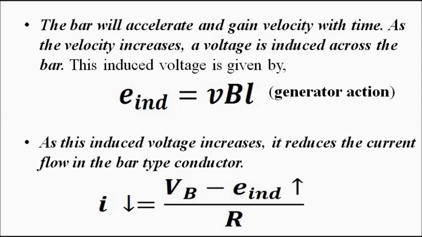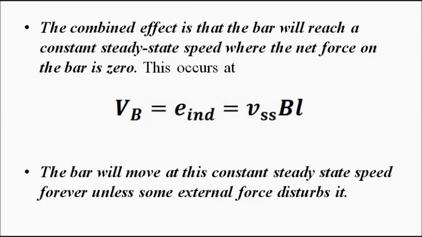Now if we combine all of these phenomena: the starting of the DC machine, current flowing through it, a current carrying conductor moving, and a moving conductor getting an induced voltage. The net effect is that the conductor bar acquires a steady state speed.